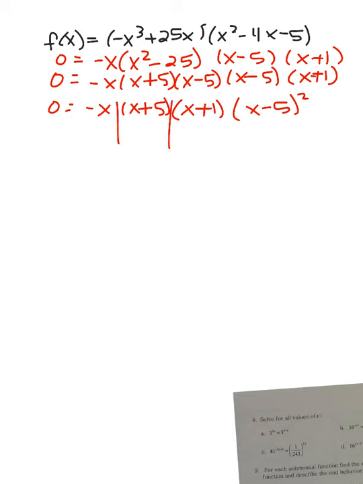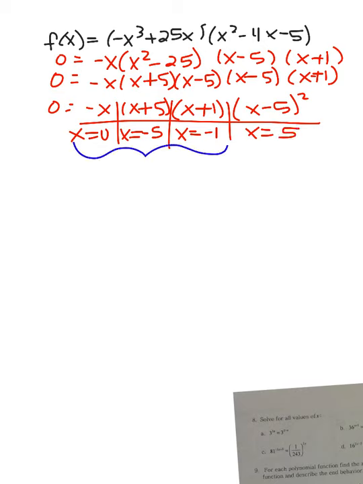All right, so I have here 0 equals negative x times (x plus 5)(x plus 1), and then I have (x minus 5) squared. All right, so my zeros are x equals 0, x equals negative 5, x equals negative 1, and x equals 5.